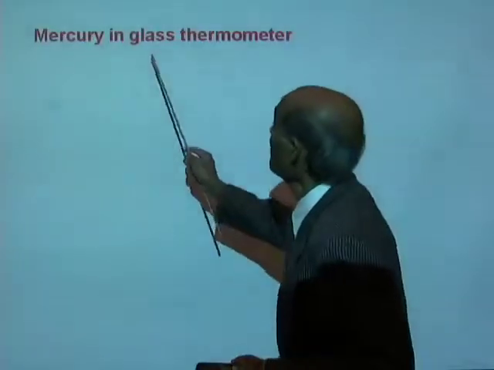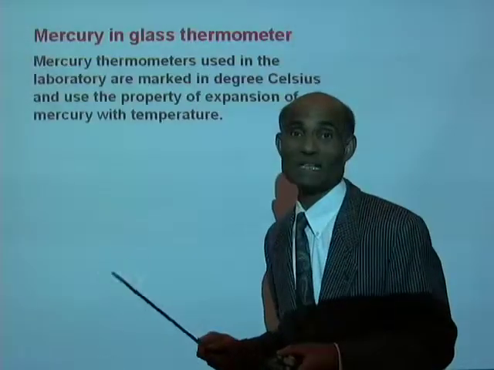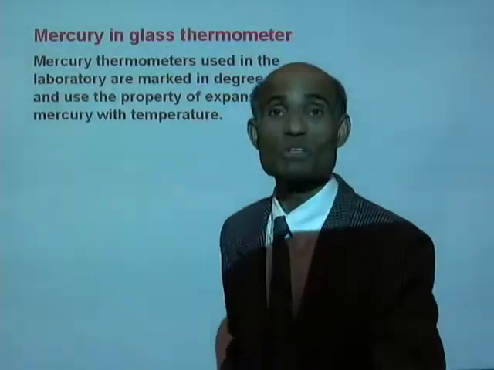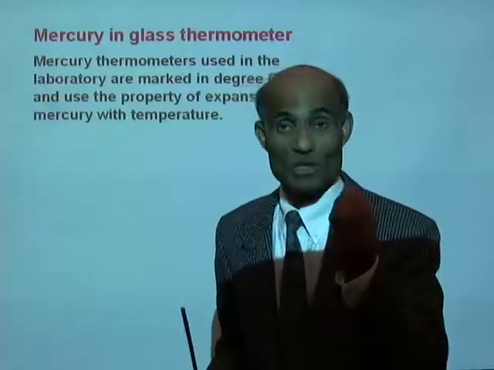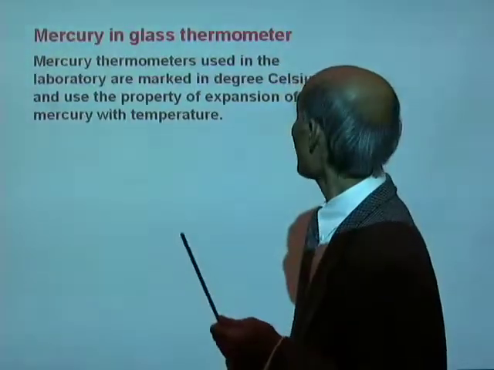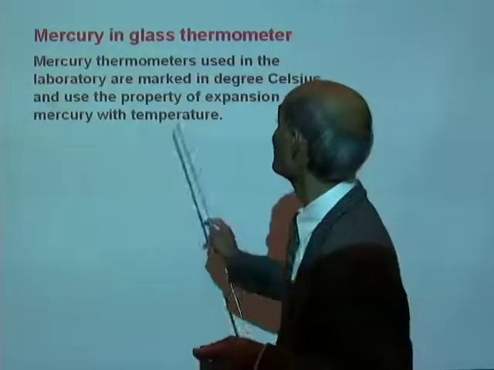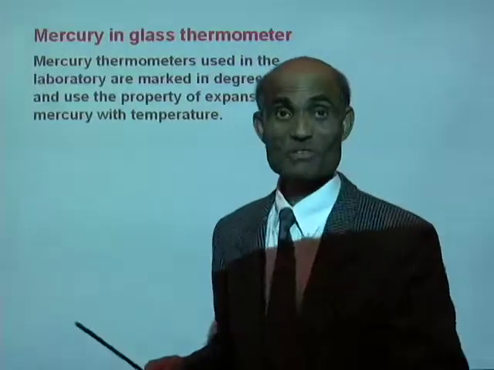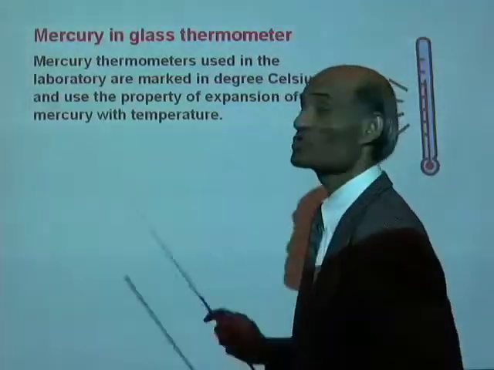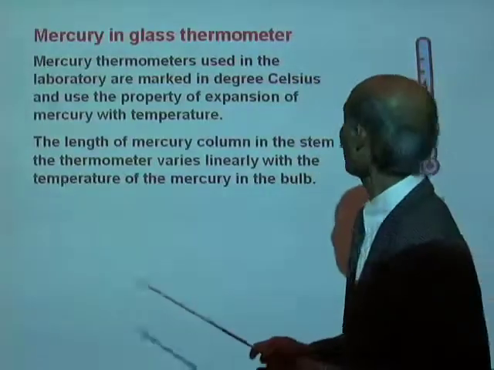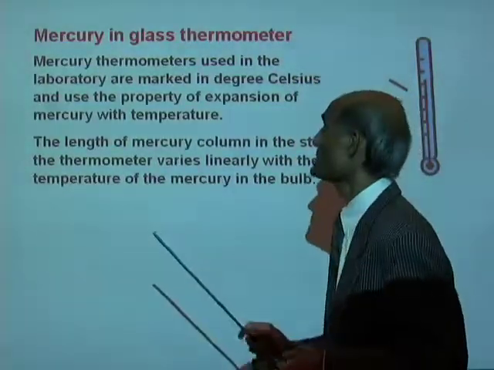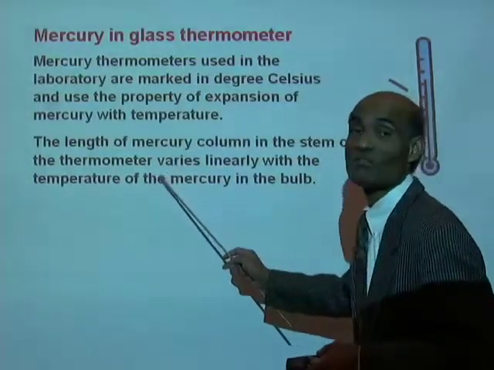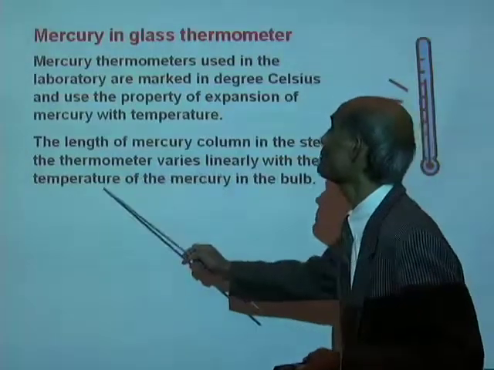All right, mercury in glass thermometer. Let's spend a couple of minutes talking about it. Mercury in glass thermometers are used in the lab very often, and they are marked in degrees Celsius and use the property of expansion of mercury with temperature. I just showed you that. Well, that is an example of a mercury in glass thermometer. The length of the mercury column in the stem of the thermometer varies linearly with the temperature.